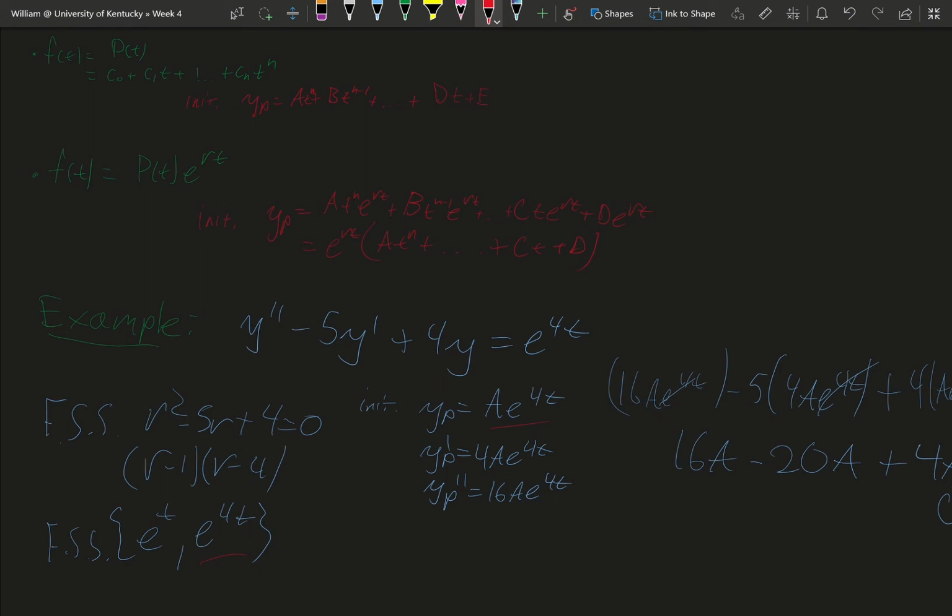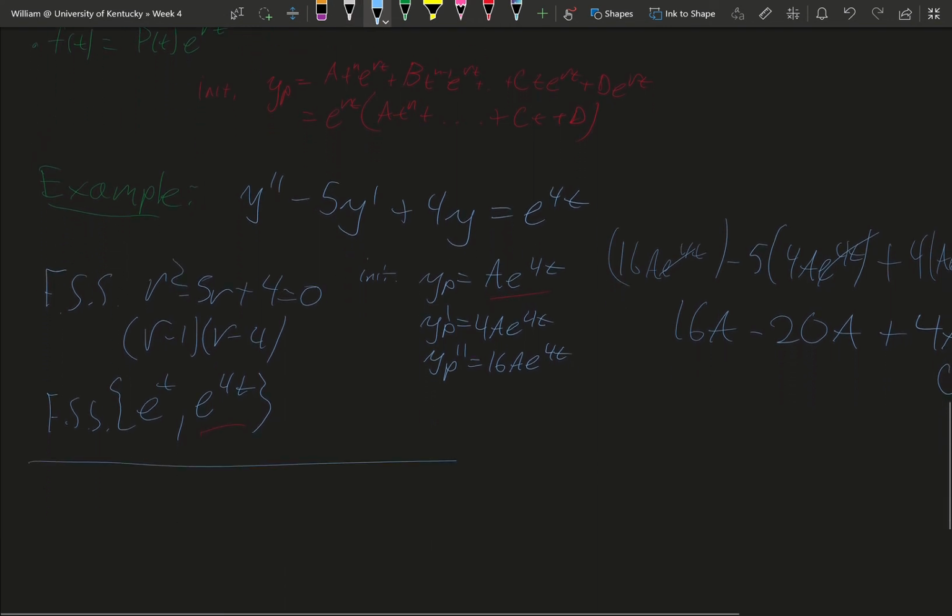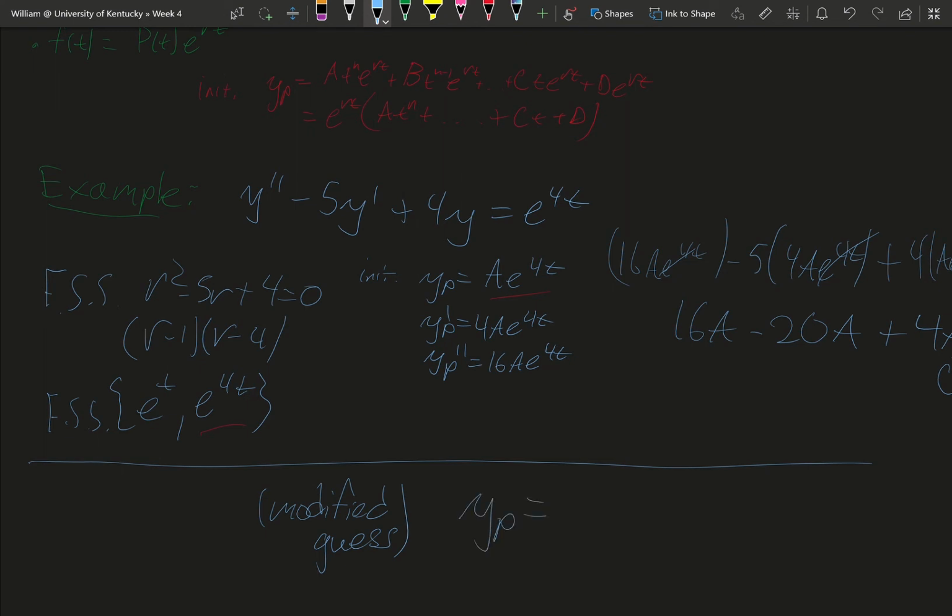Here's really just how we get around this. It's really the same thing that we do in repeated roots. So if your guess, or even part of your guess, shows up in your fundamental set of solutions, you just modify your guess, and the rule is that you multiply by t until that doesn't happen.